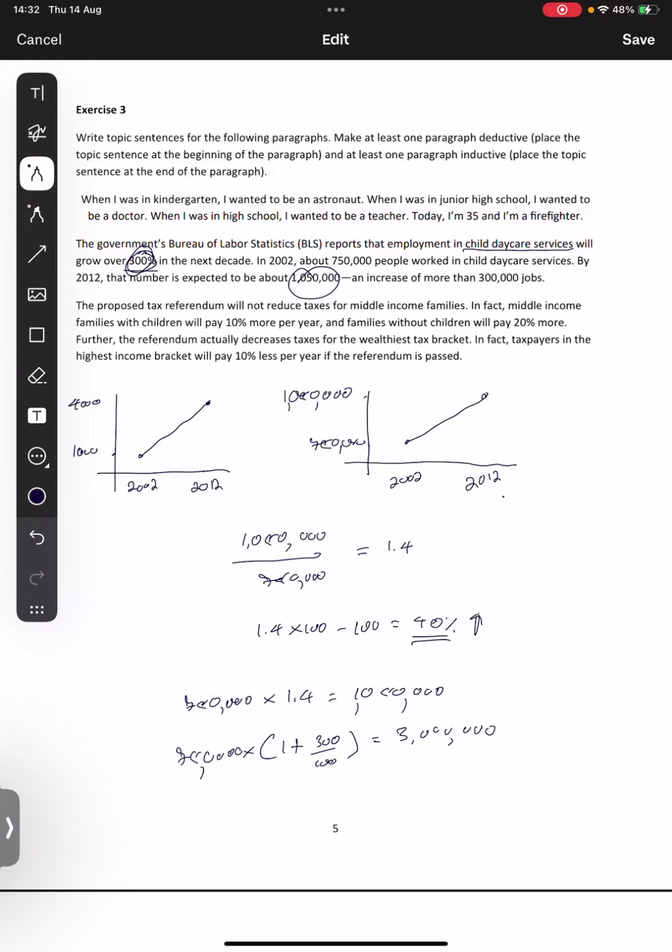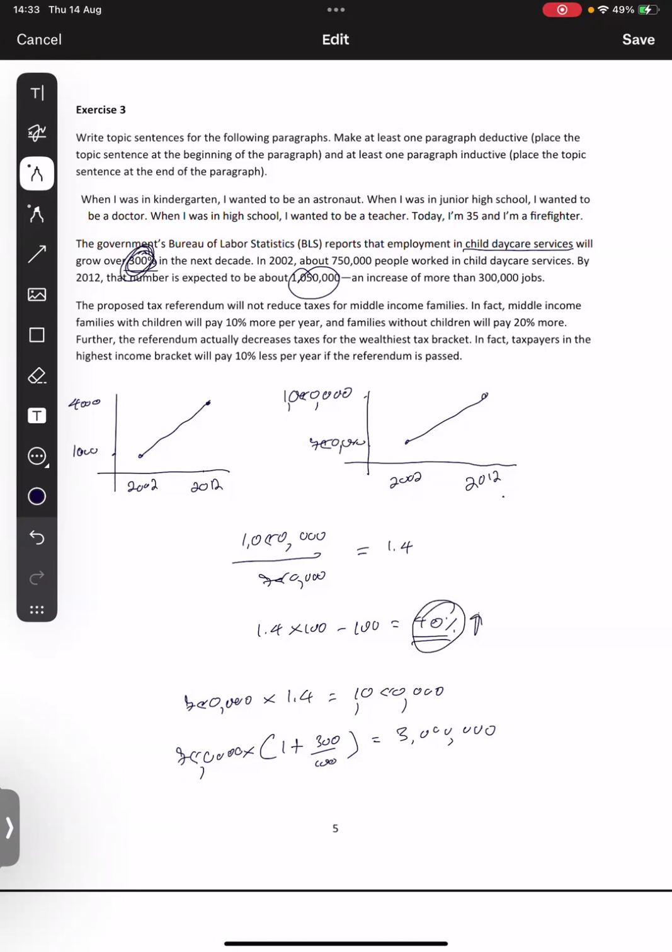But anyway, it still doesn't change the fact that there will be an increase in the number of people who will be employed in this business. Okay, and it's not 300, it's just 40%, but still that's an increase.